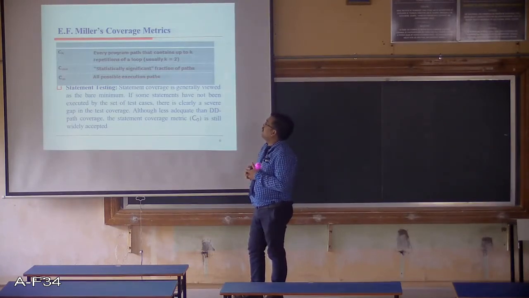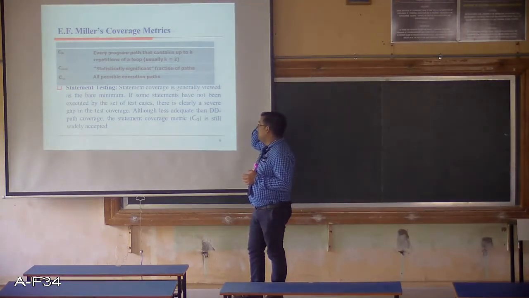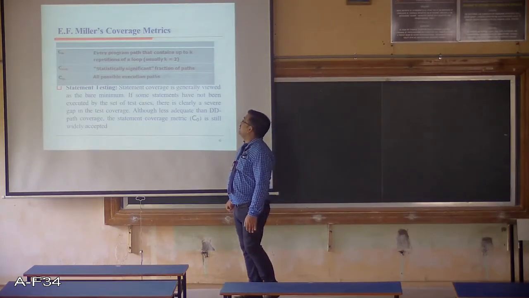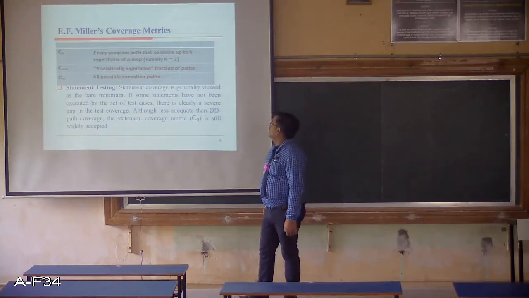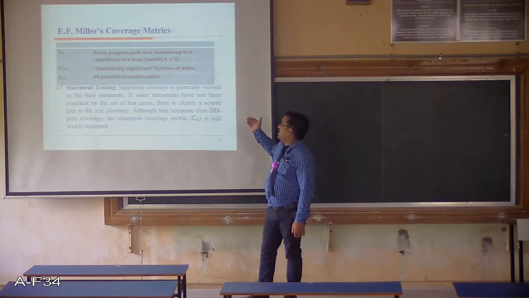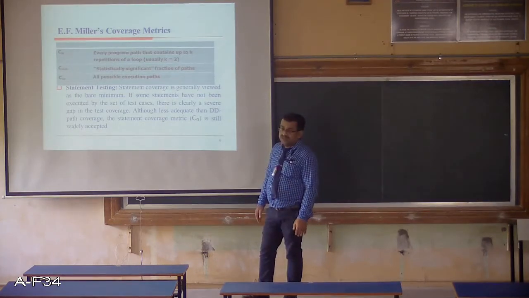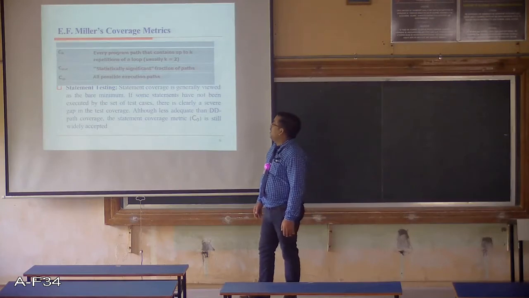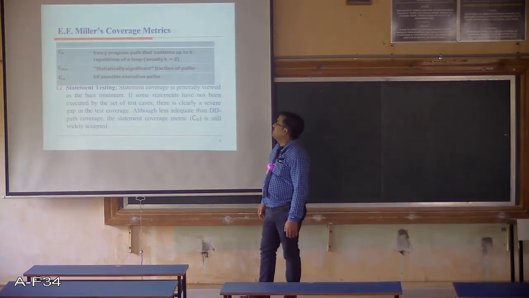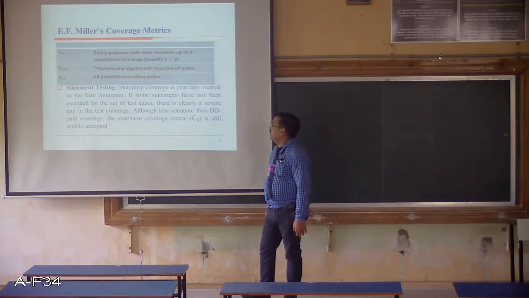C-stat is a statistically significant fraction of paths, meaning those paths indicated as statistically significant are checked under this metric. And C-infinity is all possible execution paths, the entire possible execution path.